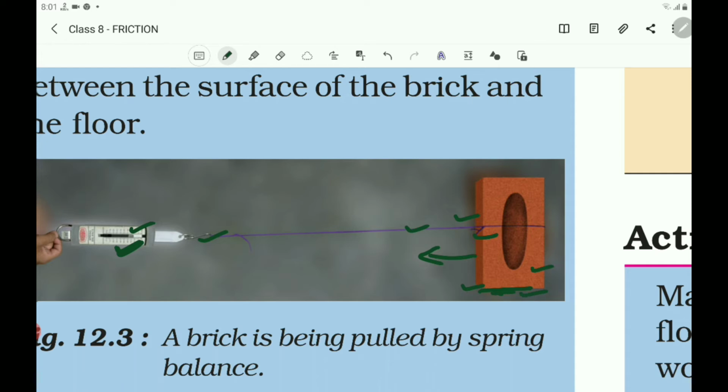Here brick and floor are in contact with each other, so between those two surfaces there is a frictional force, and that frictional force can be measured by using the spring balance.